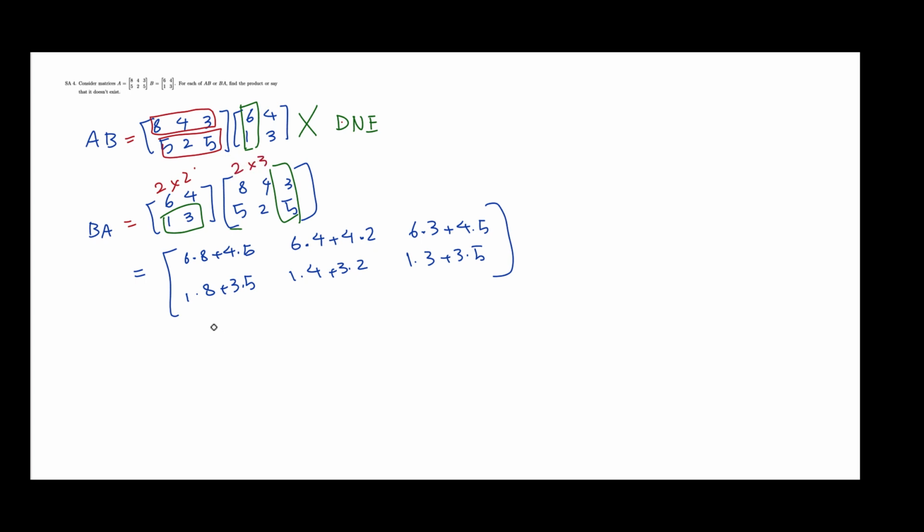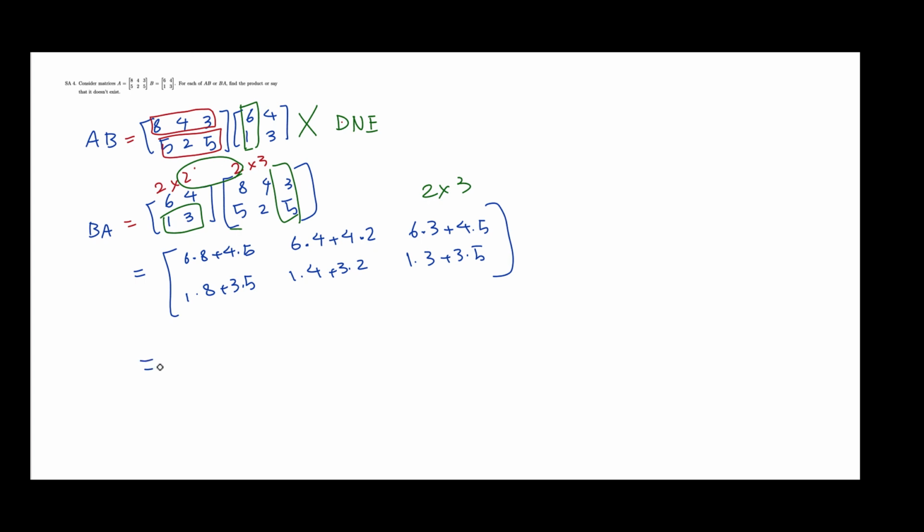What you know is that the number of columns of the first one should match the number of rows of the second one, and the resulting matrix should eliminate the two that are matching. It should have 2 times 3 entries, and here we have 2 times 3 entries.